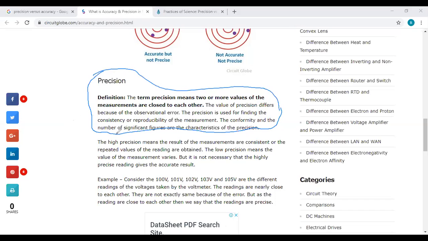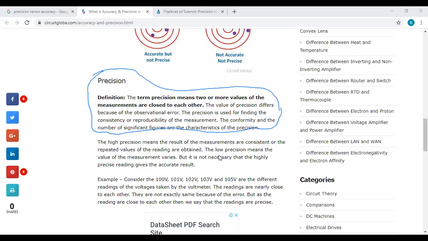Is it done? Now, can you tell me what is accuracy and what is precision?